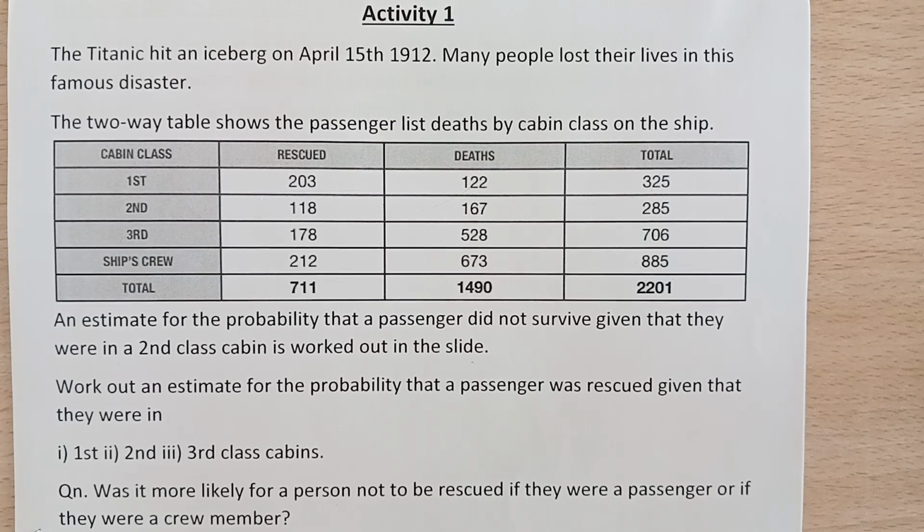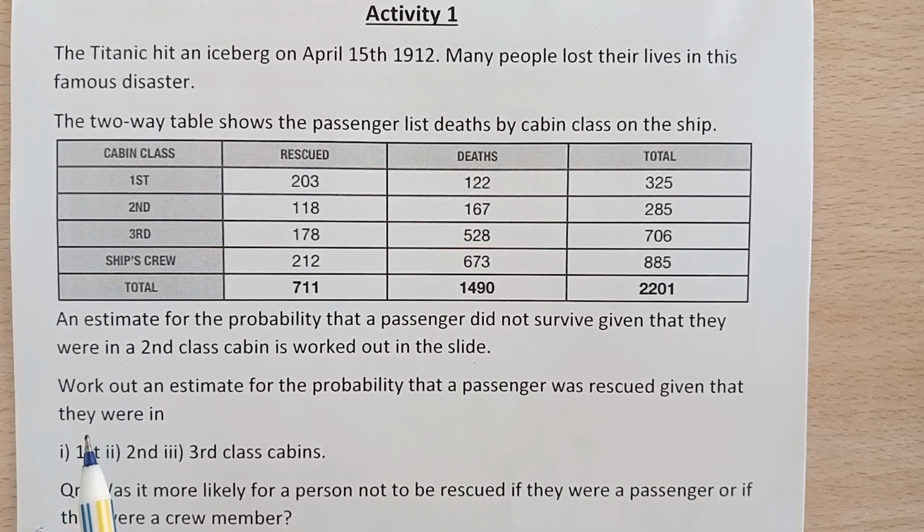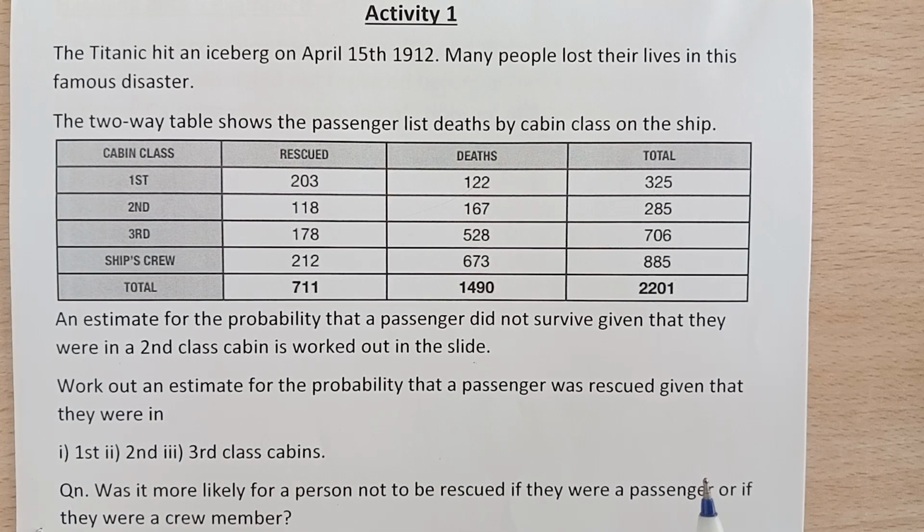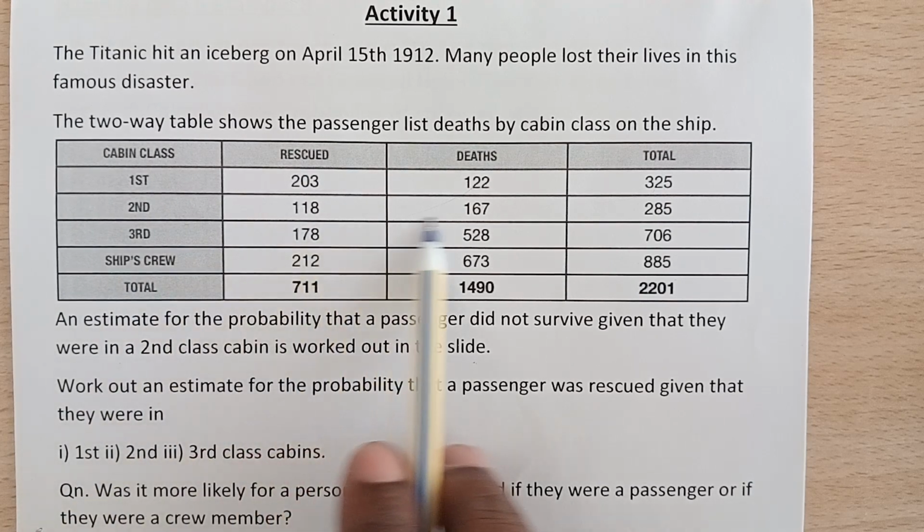It's a question on probability, and we are told that an estimate for the probability that a passenger did not survive, given that they were in a second class cabin, is worked out in the slide. I just want to briefly highlight the second class.